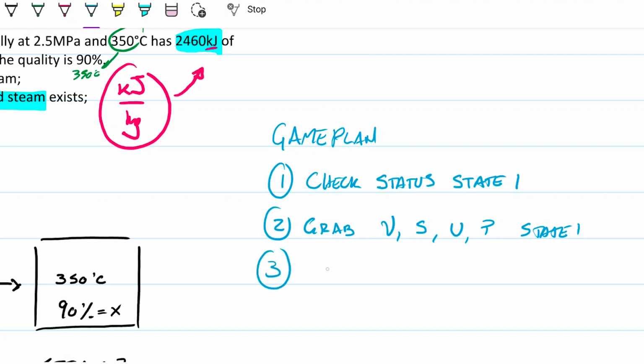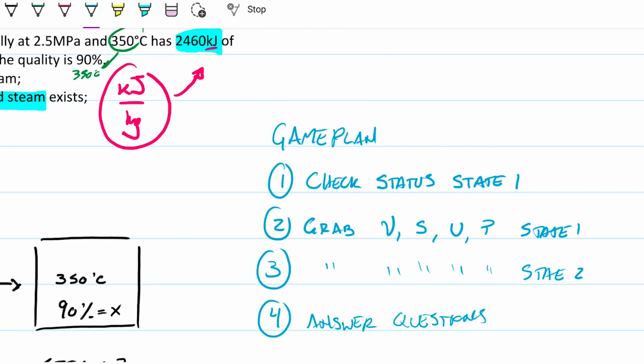Grab the same thing for state 2, and then finally answer questions, because at that point we'll be able to answer all the questions that were being asked.